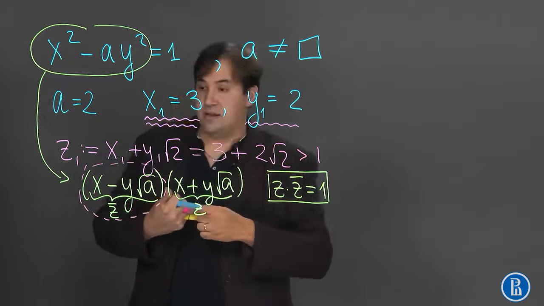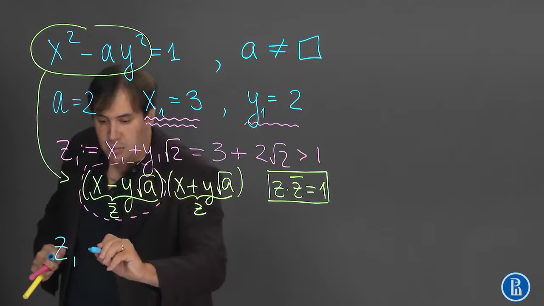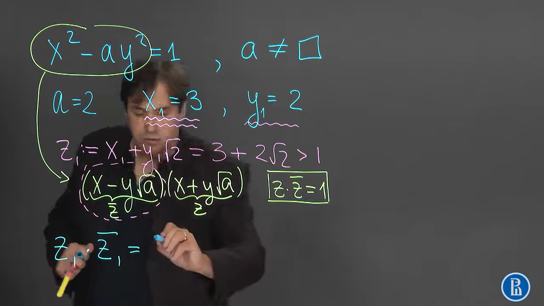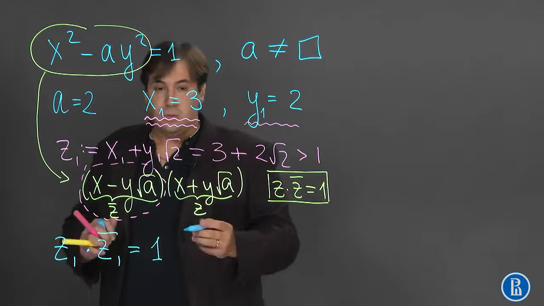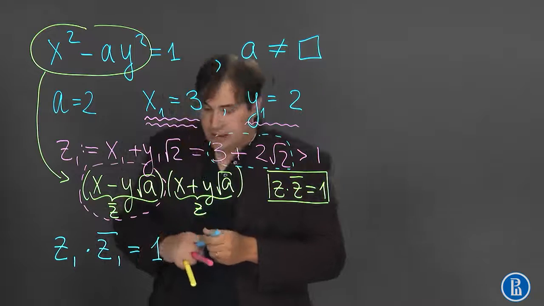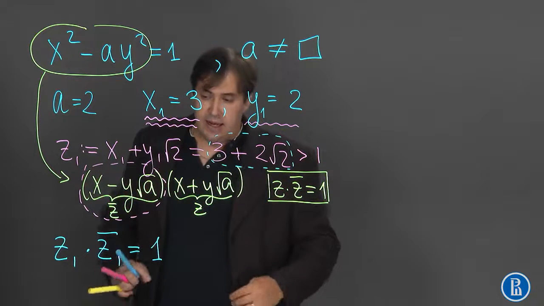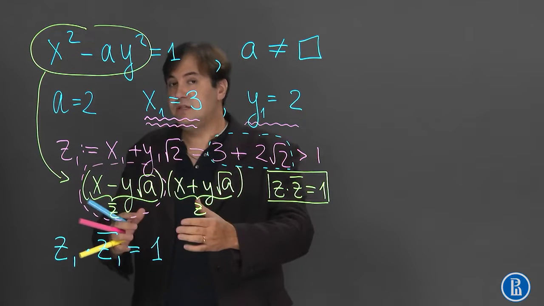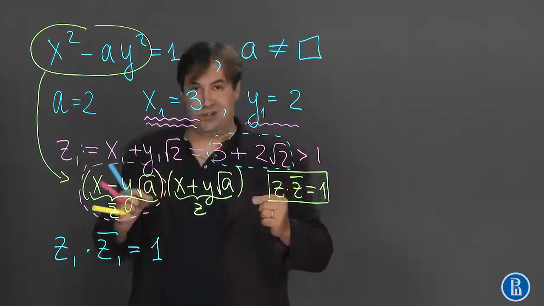So I can write that z1 multiplied by z1 conjugated is equal to 1, where z1 is exactly 3 plus 2 square root of 2. So let us make a pause for a second and remember that, having a non-trivial solution, we can generate infinitely many solutions of the Pell's equation.